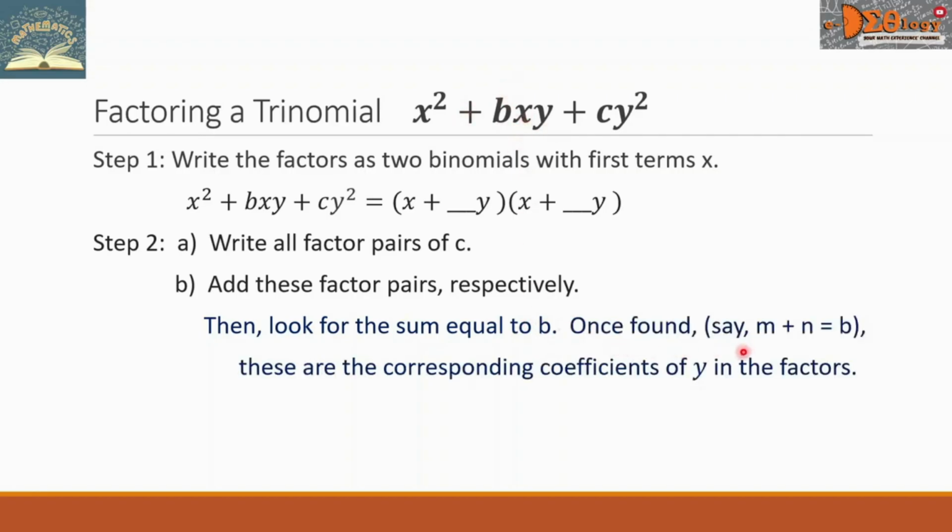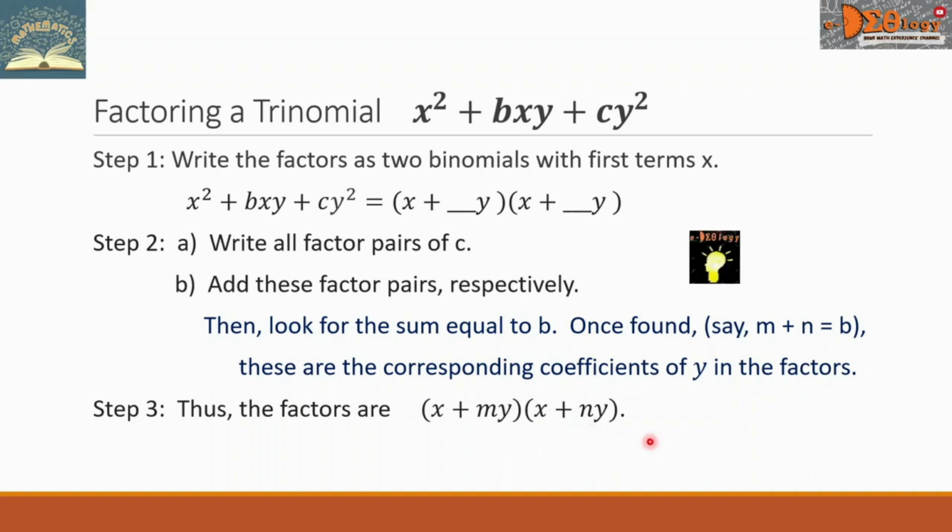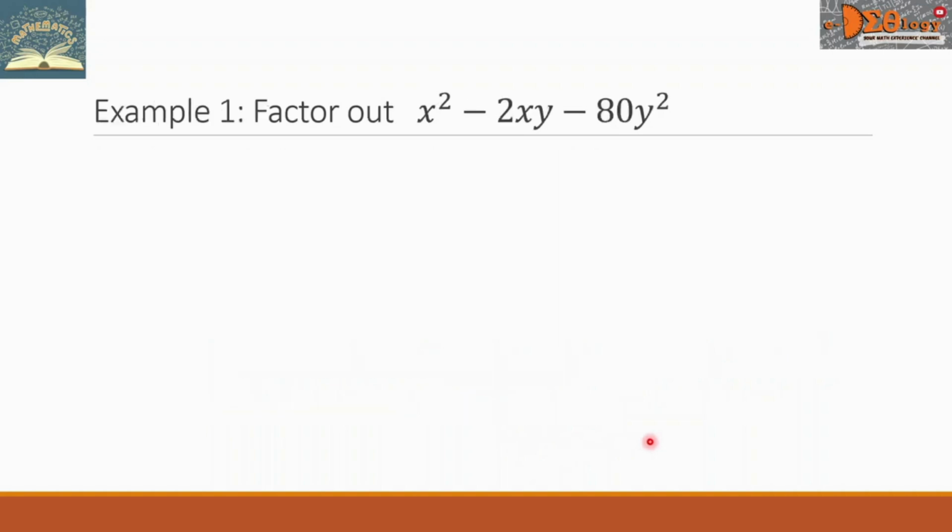Once found, say m plus n equals b. These are the corresponding coefficients of y in the factors. For step 3, the factors are x plus my times x plus ny. Example 1.